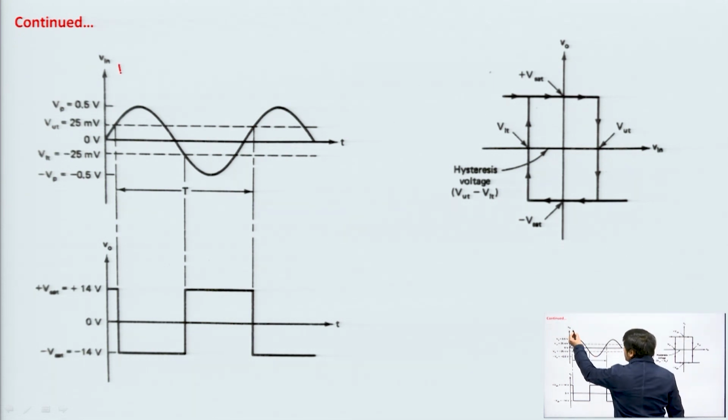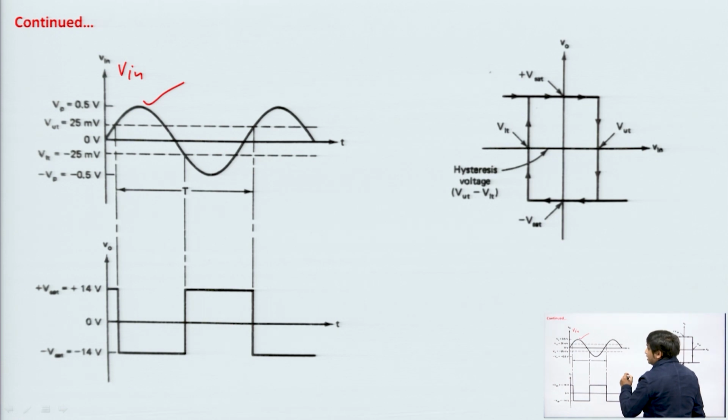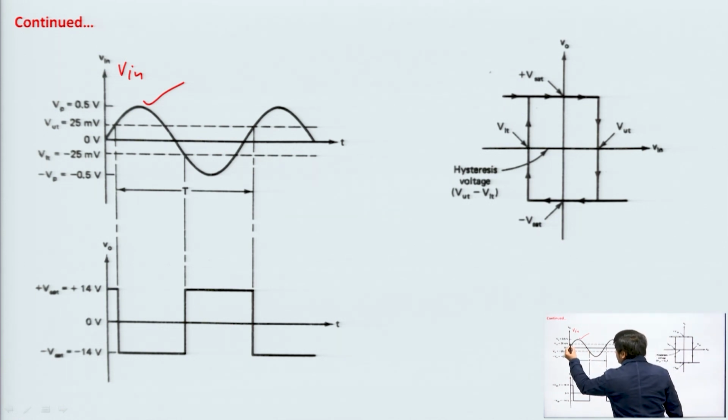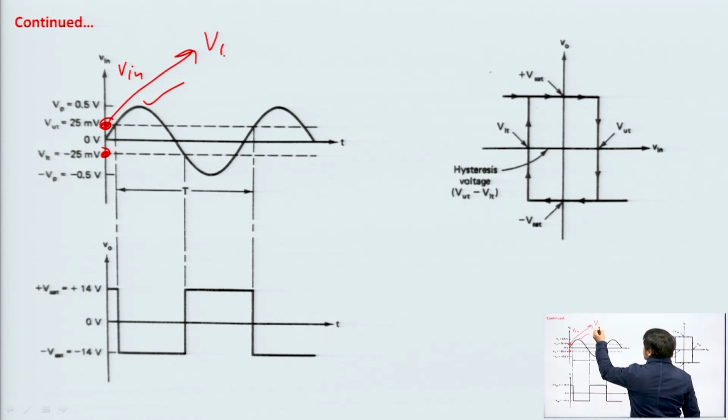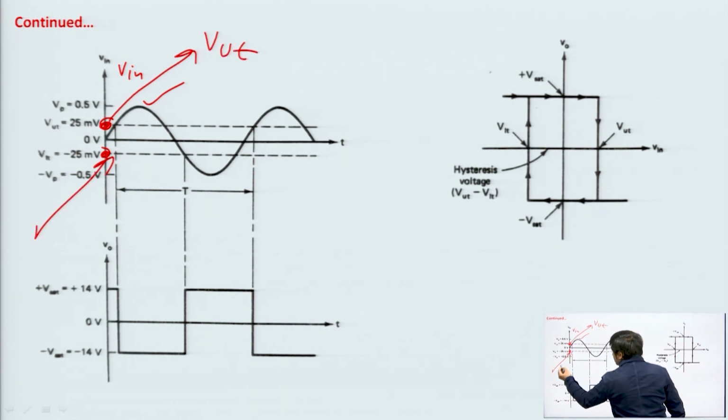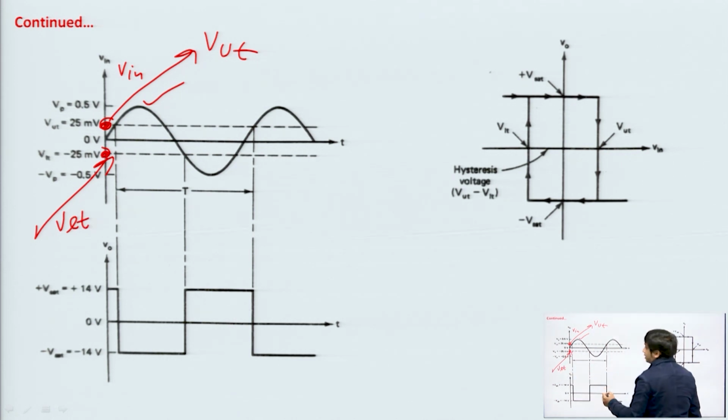This is the input sine wave signal, and VUT and VLT are marked here. This voltage is the upper threshold voltage VUT and this one is the lower threshold voltage VLT.